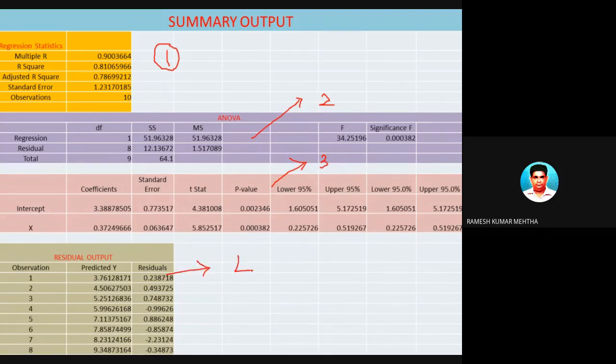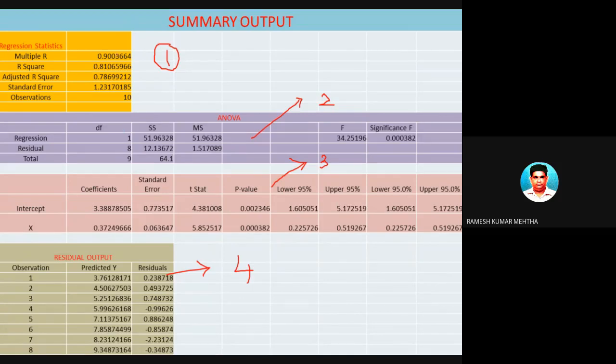Now you have to understand this output, interpret it, and analyze what the interpretation is from this particular data.